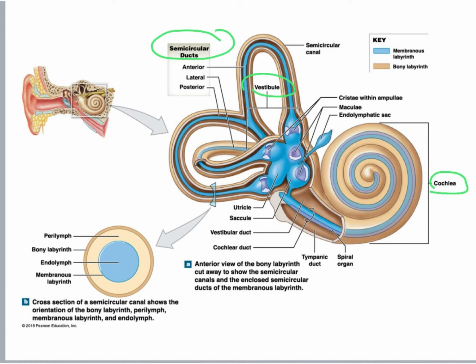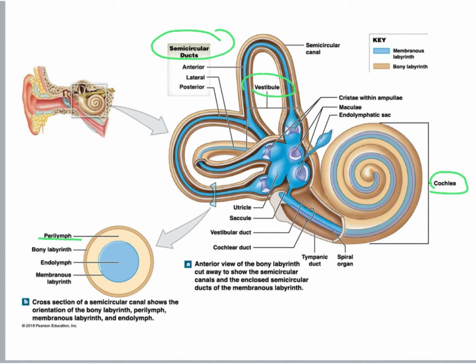It turns out that between the bony labyrinth and the membranous labyrinth, there is a thin fluid-filled space, and this space is filled with perilymph. Now, if you recall, peri means outside, periphery, and lymph is like a fluid, an aqueous solution.